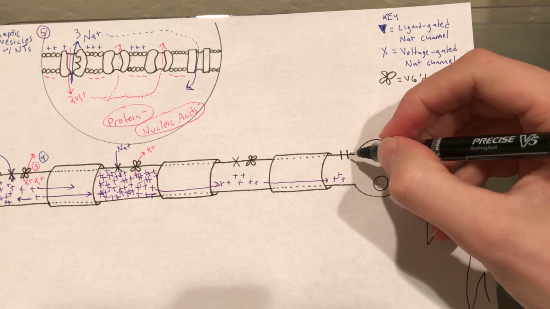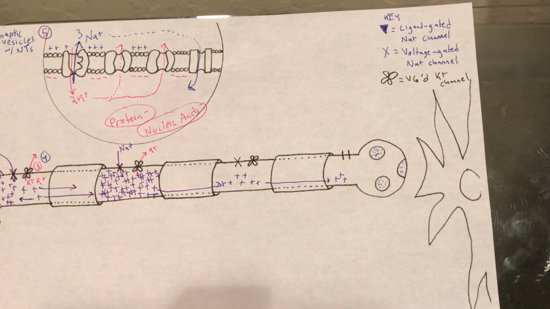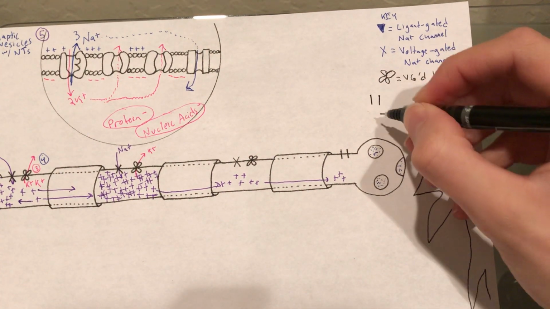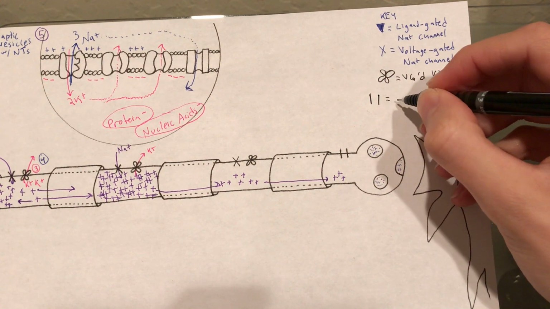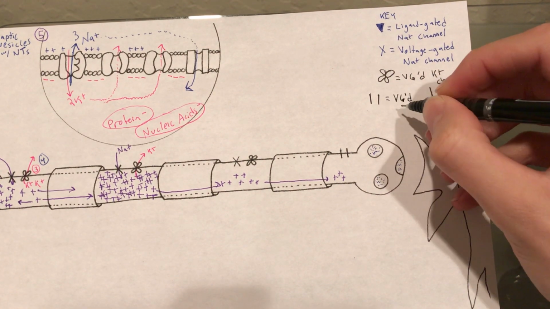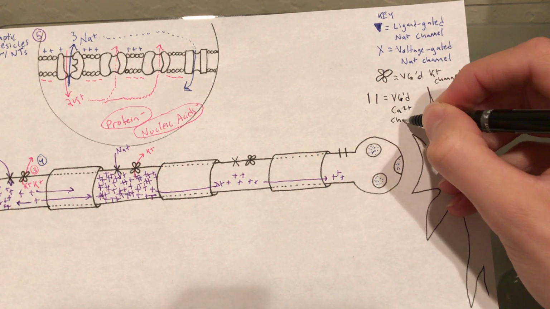This thing in the membrane is called a voltage-gated calcium channel. So I'm adding that to the legend. Voltage-gated calcium channel.